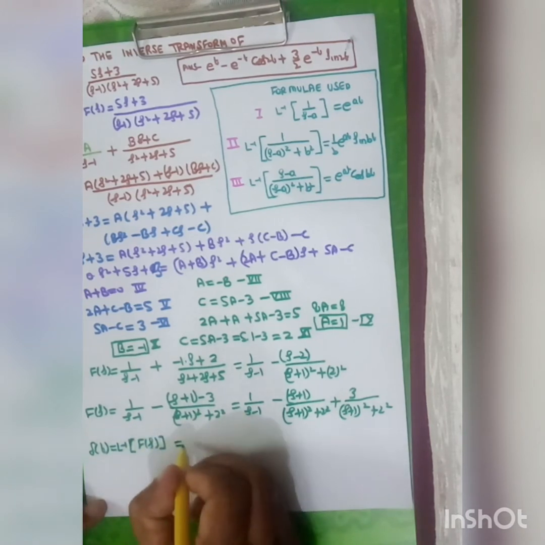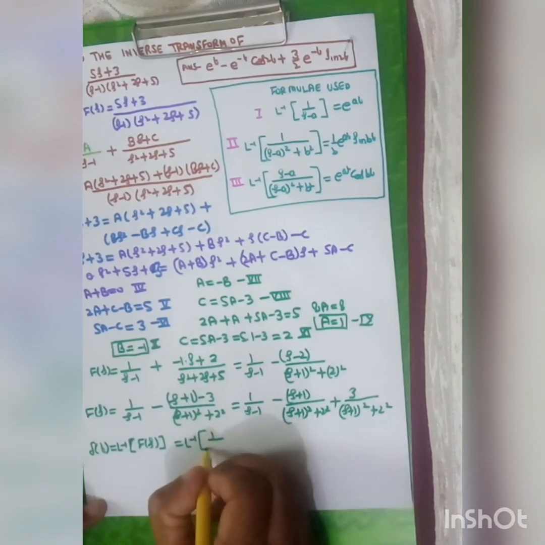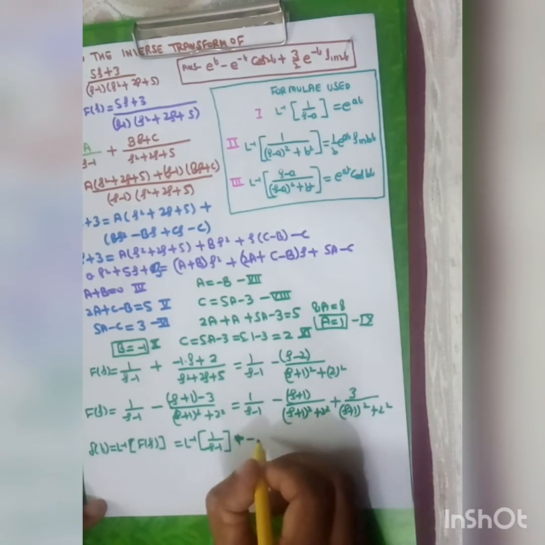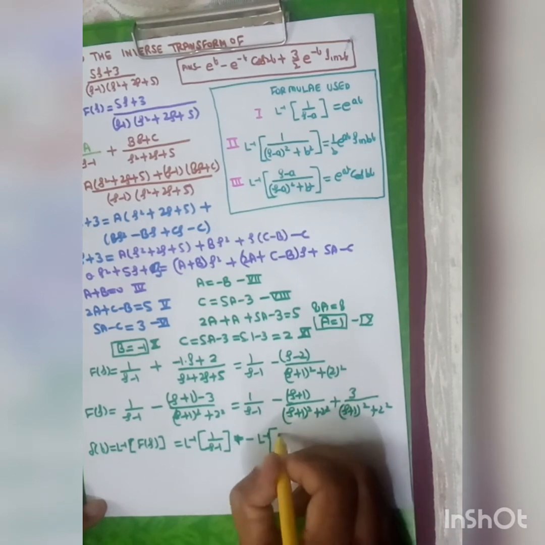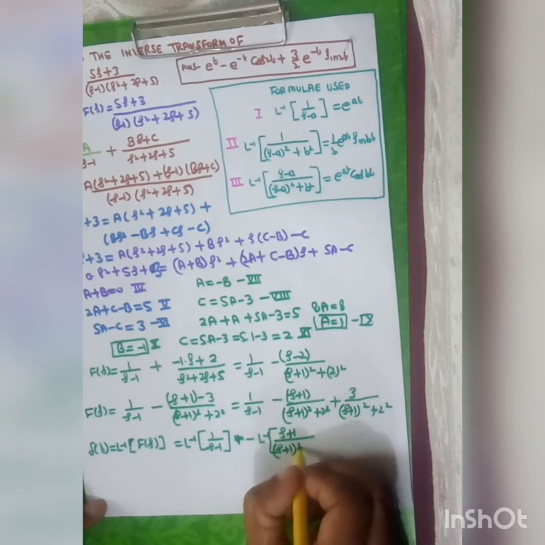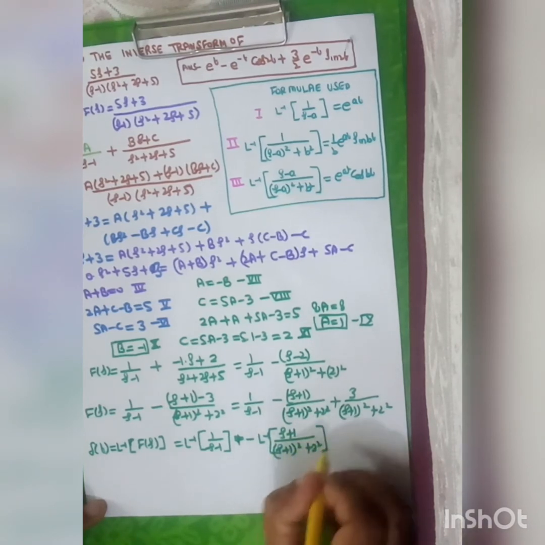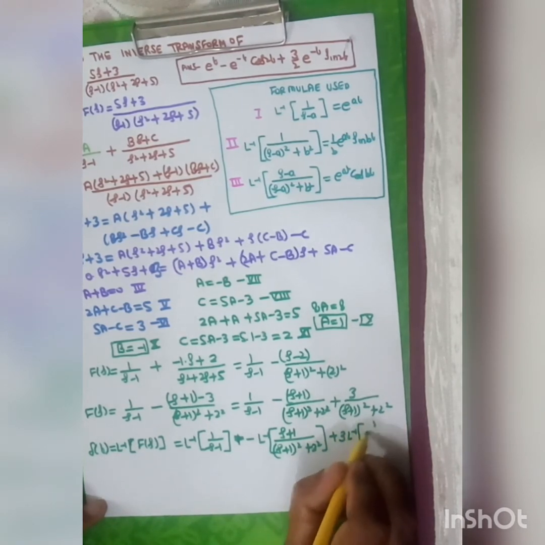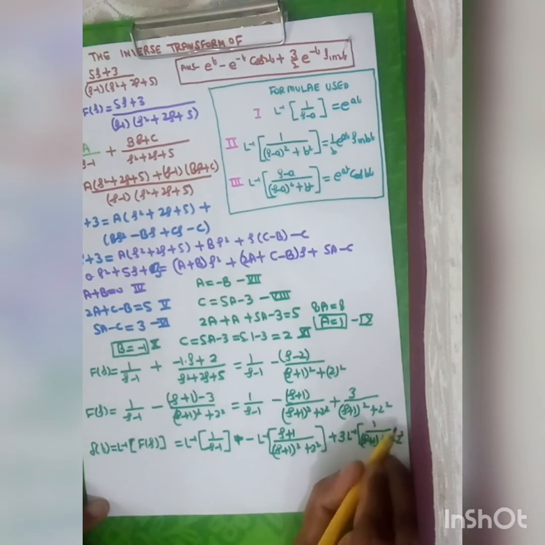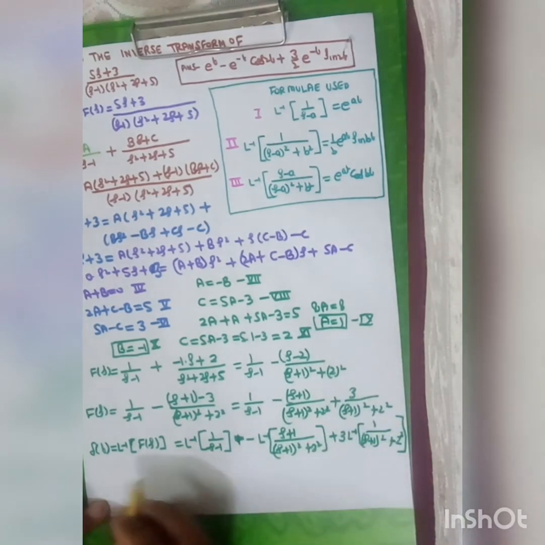So it will be the inverse Laplace transform of 1 upon s - 1, minus the inverse Laplace transform of (s + 1) divided by (s + 1) whole square plus 2 square, plus 3 times the inverse Laplace transform of 1 upon (s + 1) whole square plus 2 square.